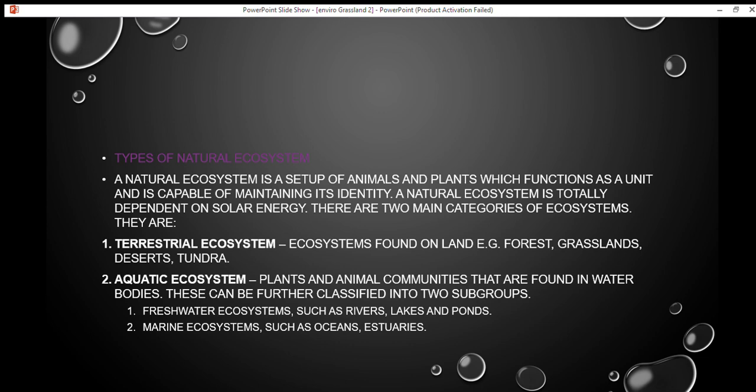This can be further classified into two subgroups, which are freshwater ecosystems, such as rivers, lakes, and ponds, and marine ecosystems, such as oceans and sanctuaries. So the aquatic ones are usually found near water or basically in water.